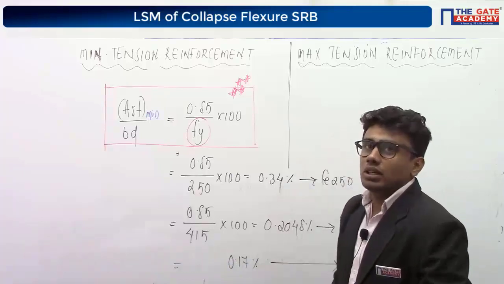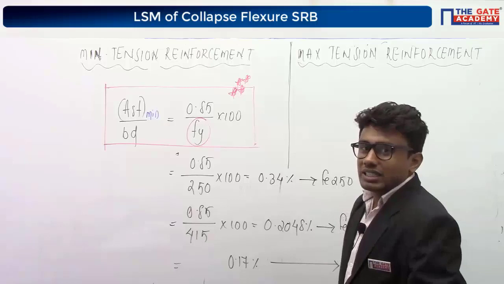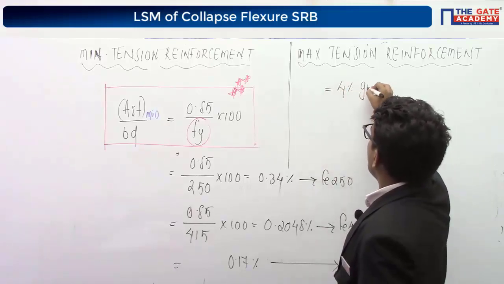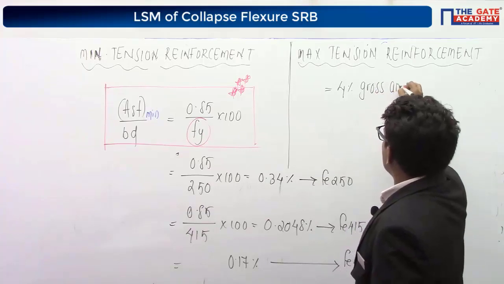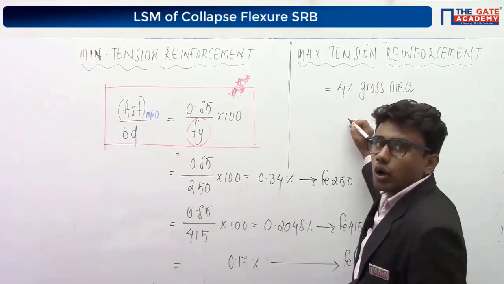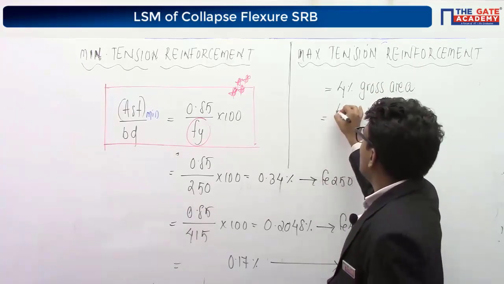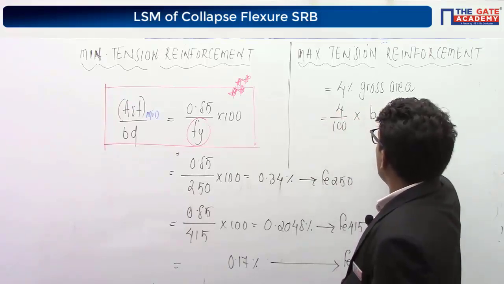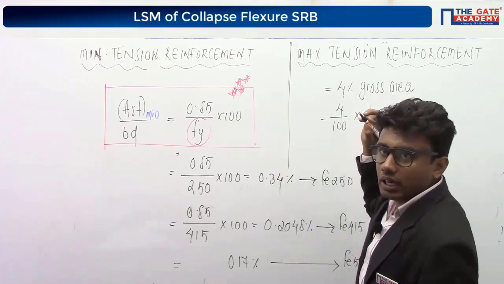In our beams, the maximum tension reinforcement is limited to 4% of gross area. 4% of gross area, or 4 by 100 into gross area, means B into D, right? Remember this.